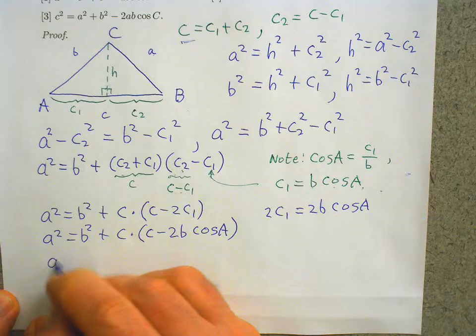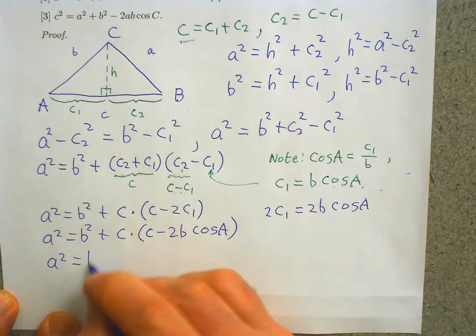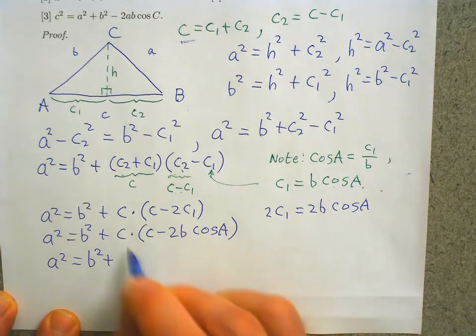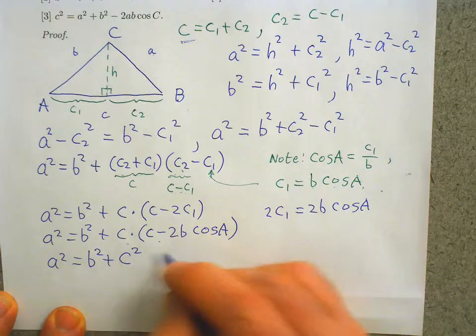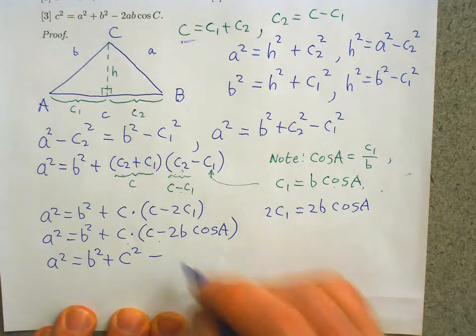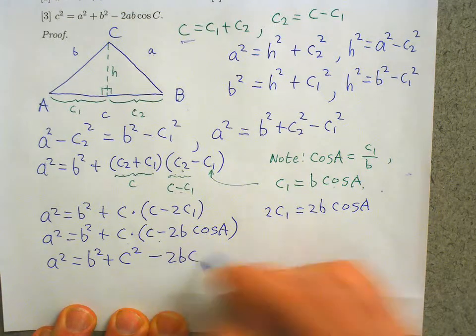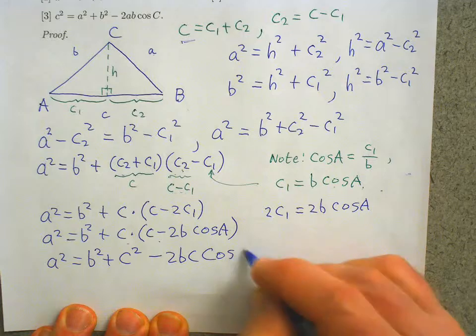So we get a squared equals b squared plus c squared, and then minus 2bc times cosine of A.